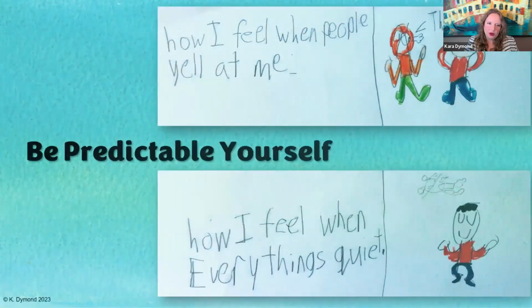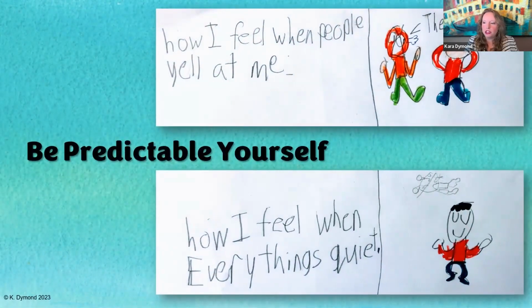One thing I hear over and over from students, they really appreciate when teachers are predictable, when they know they can approach them with a problem and they're not going to get yelled at. This is particularly important for autistic students with ADHD or sensory processing. Yelling can feel excessively painful.